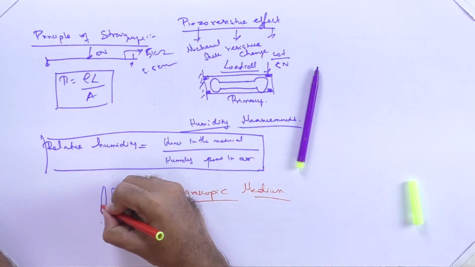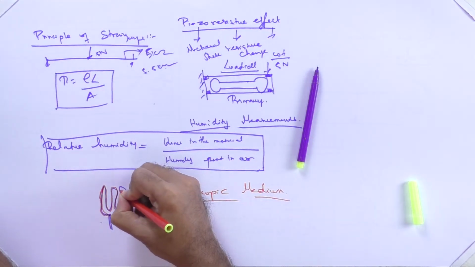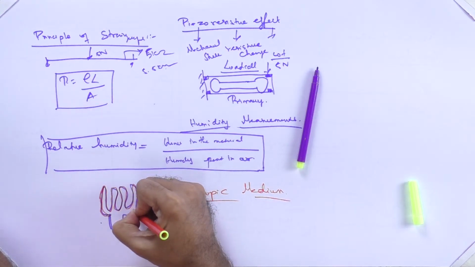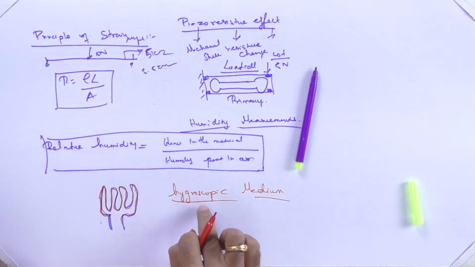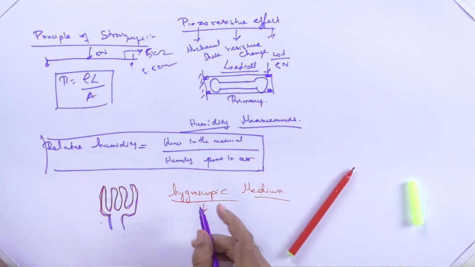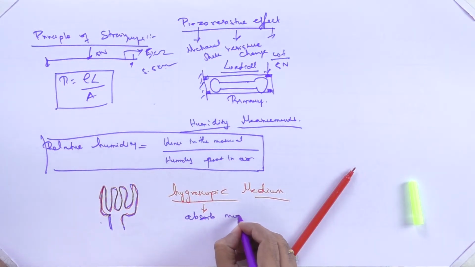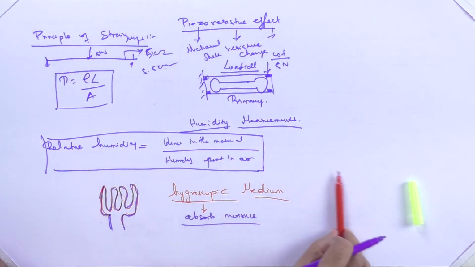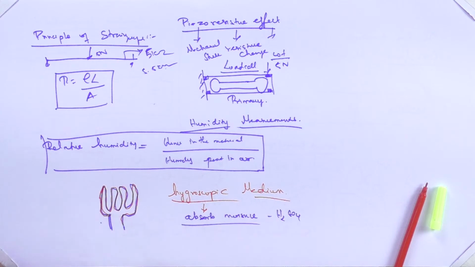Hygroscopic medium is coated totally over this wire. What is hygroscopic? It can absorb moisture. The best example I can say, which you know, is H2SO4.